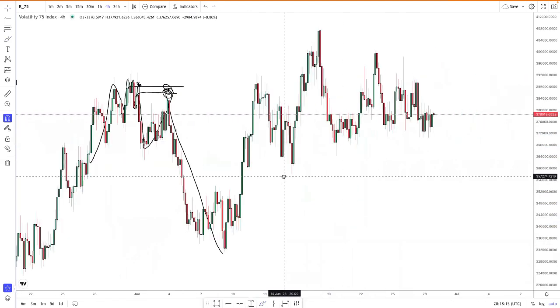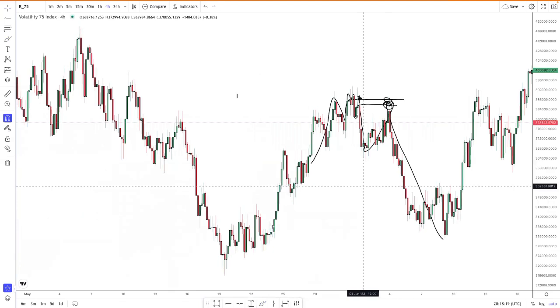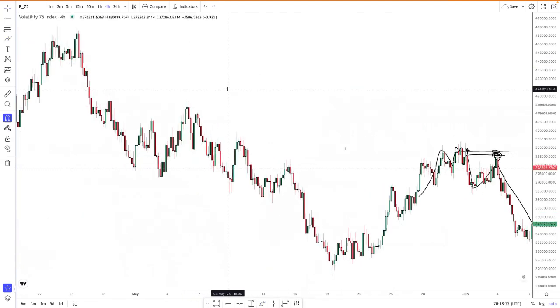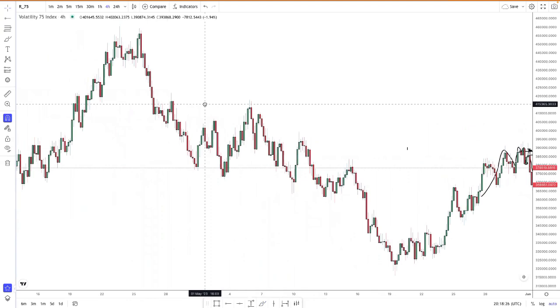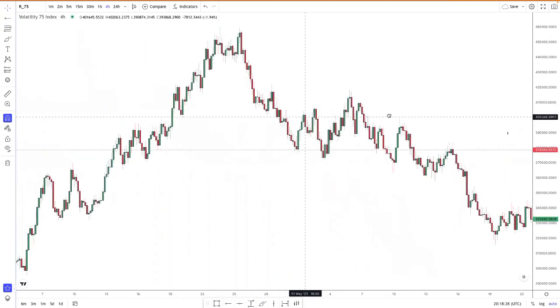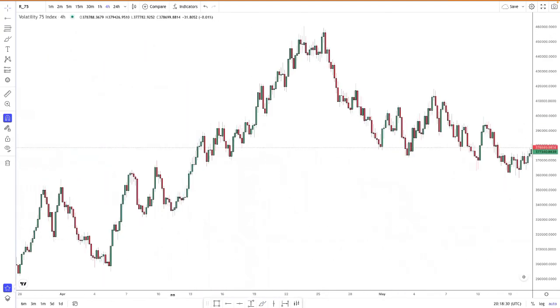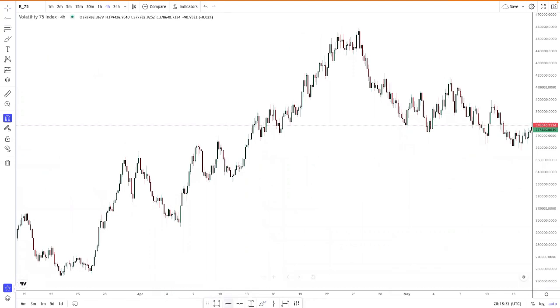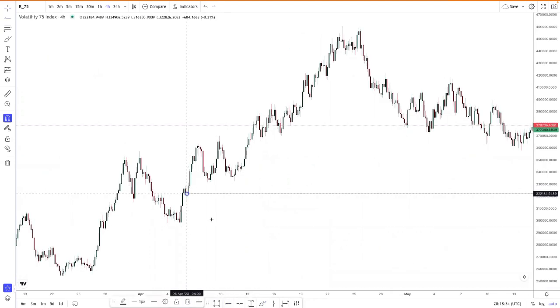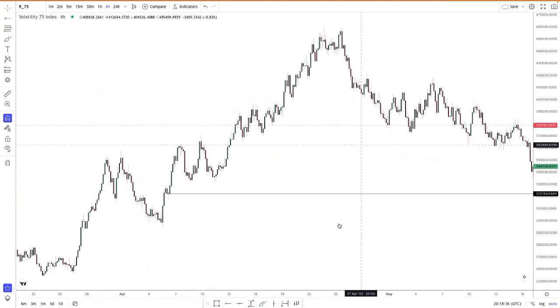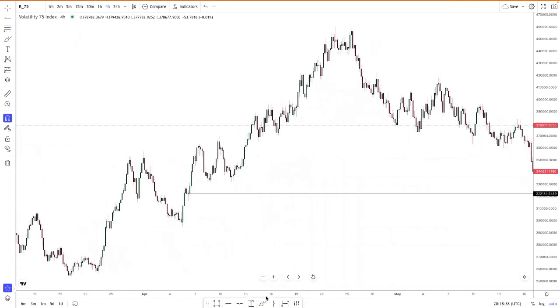And also, let's look for other examples. Yeah, we also have another example right here, whereby price was making some lows.